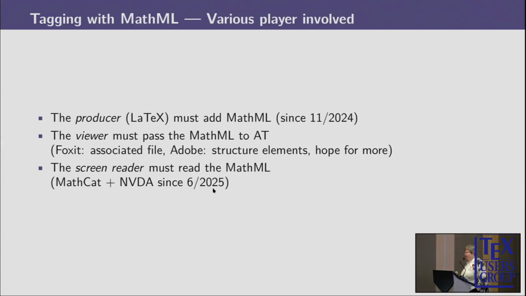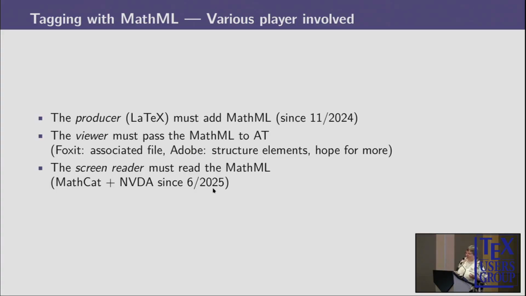You could see in Frank's talk that this is not only a question about what LaTeX should do. Naturally, LaTeX, as a producer of PDF, has somehow to add some MathML. But once the MathML is there, the reader must do something with it, must, for example, pass it to the assistive technology.